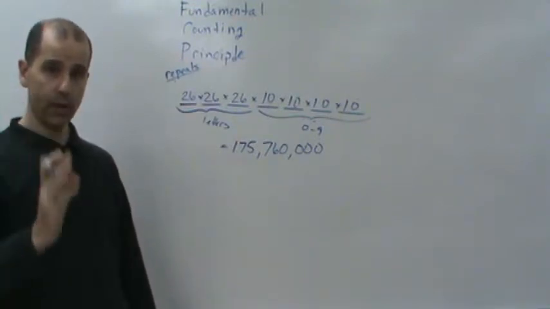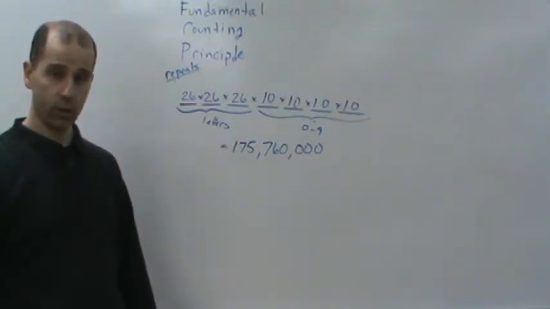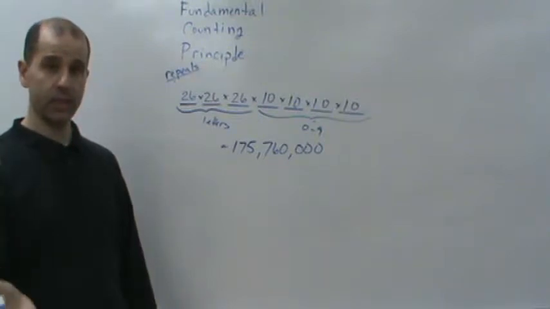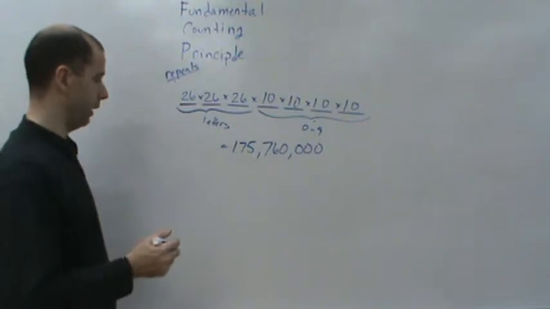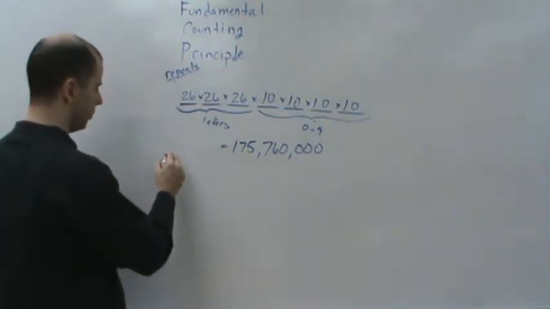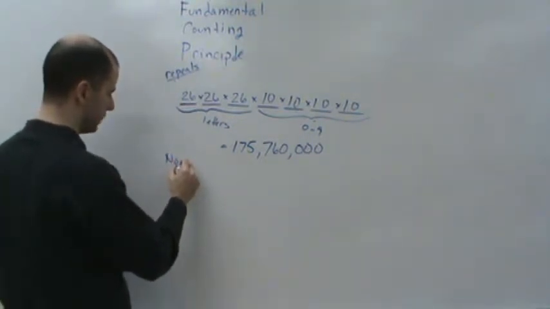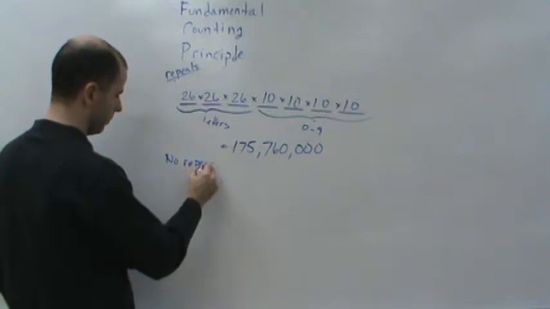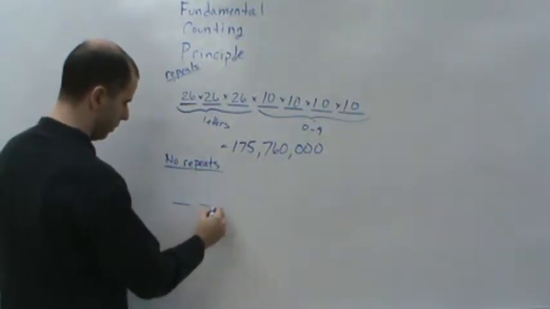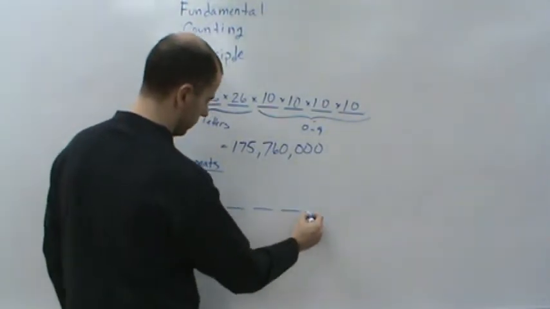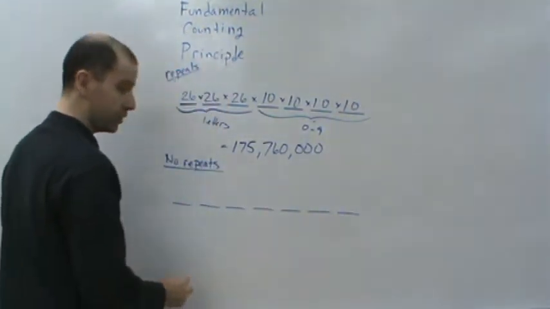Which means once A is used, it's no longer available, or once I use the digit 9, it's no longer available. Well, this is how you would do it, right? So now we're going to say no repeats, and I'm going to have my dashes, my position holders.